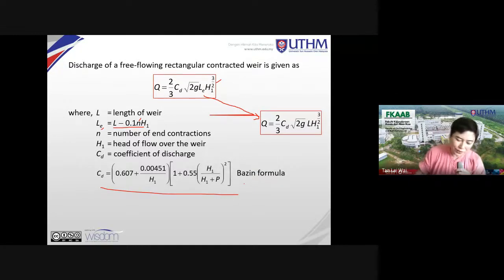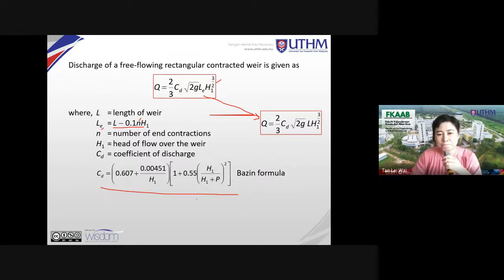You might ask me, when are you going to use Basin, Rebound, and things like that? It depends on the question. If it asks you to use the Basin formula, then you use Basin. If not, you can choose whichever equation you want. But if the coefficient of discharge is provided, you just use the coefficient straight away.